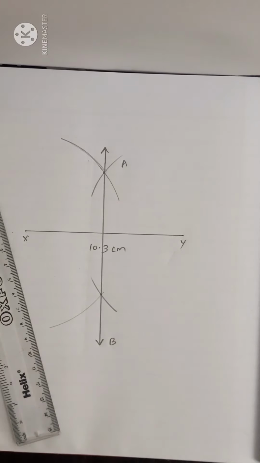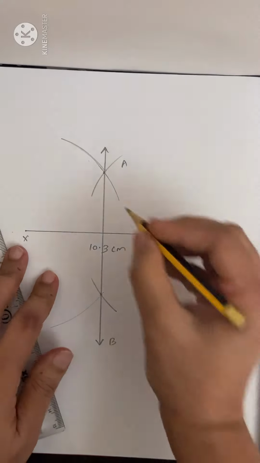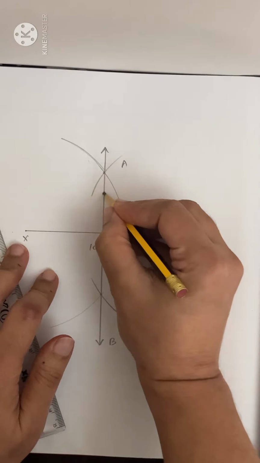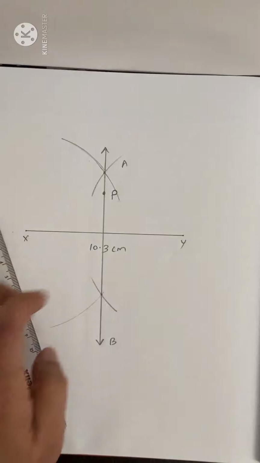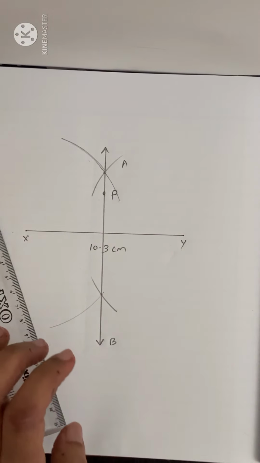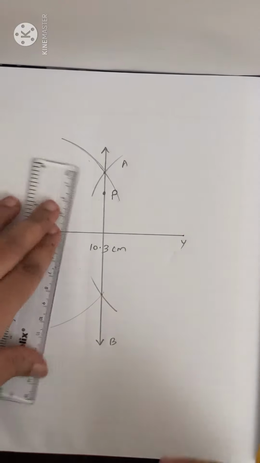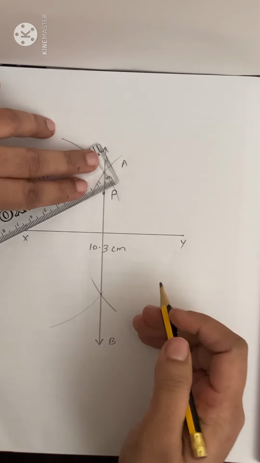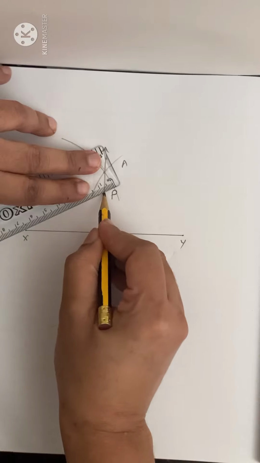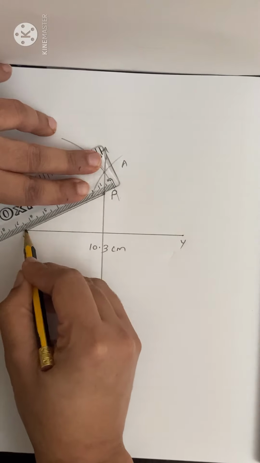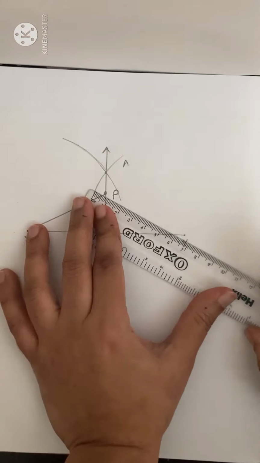Now part A. Take any point P on the bisector drawn. So you can take any point. I'm taking P here. You can take here or here, anywhere. We have to examine whether PX equals PY. So take your ruler and join PX and PY like this.